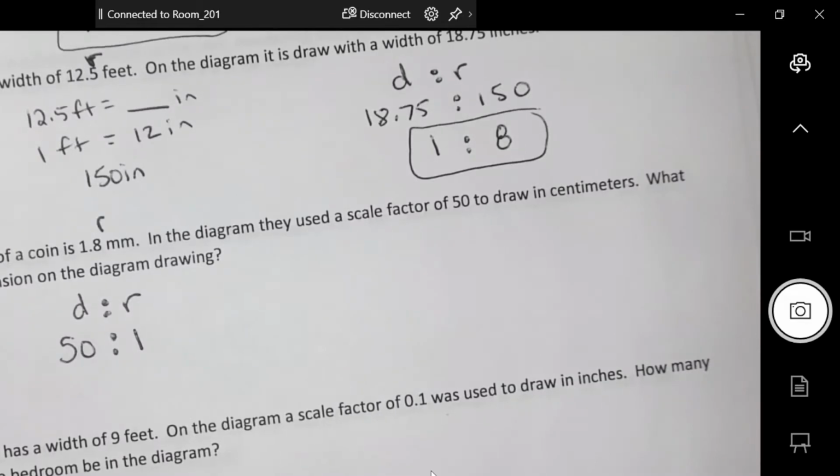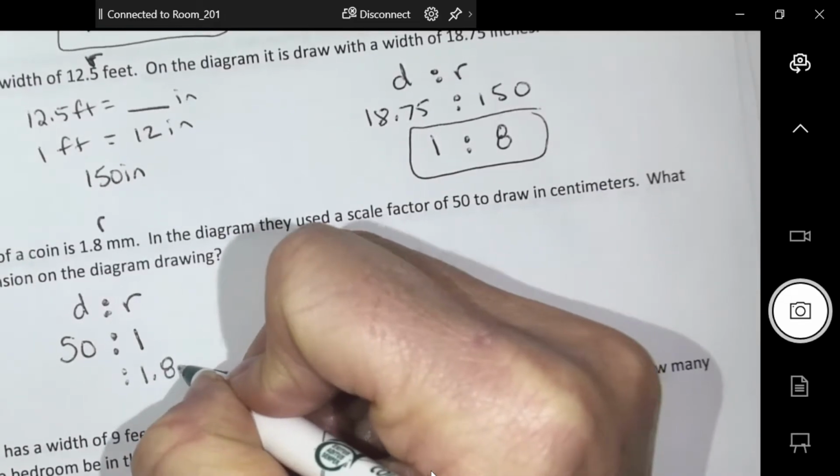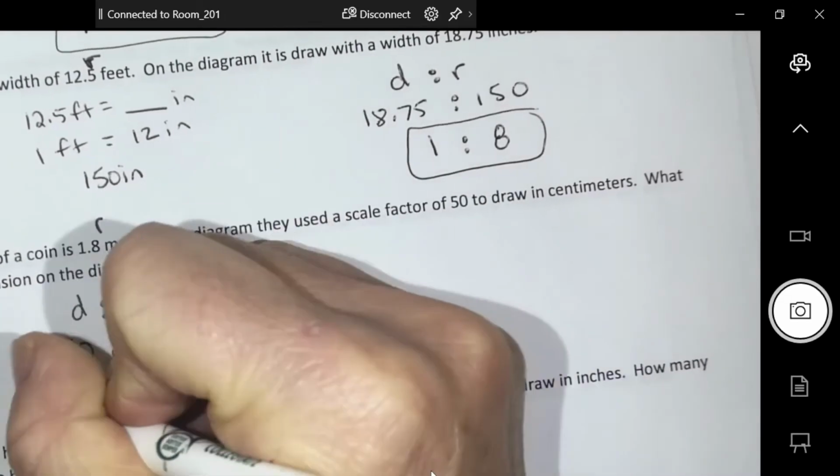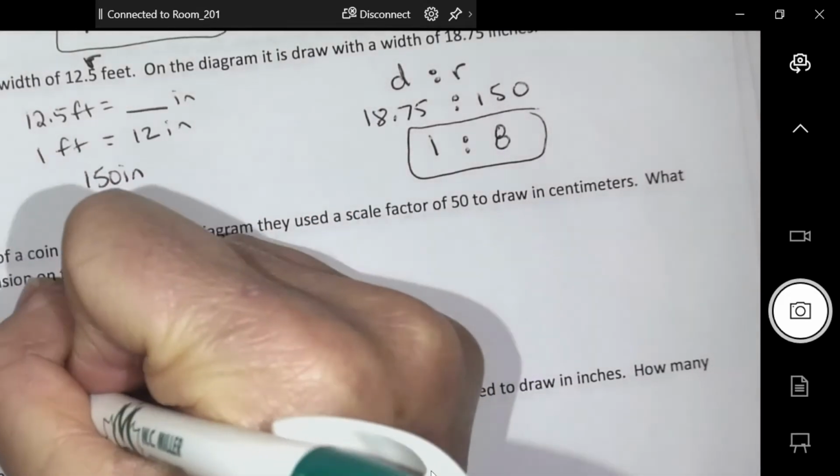Okay. So 1.8 millimeters on the real is how much on the diagram? So you have to enlarge it by 50.